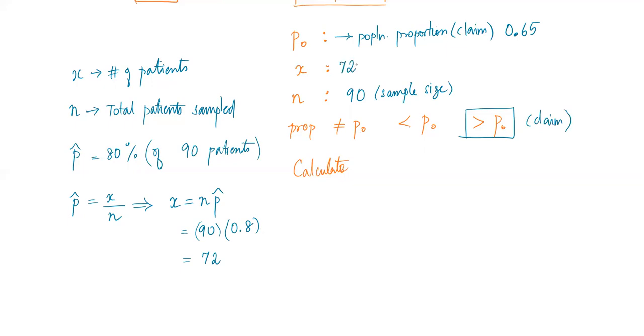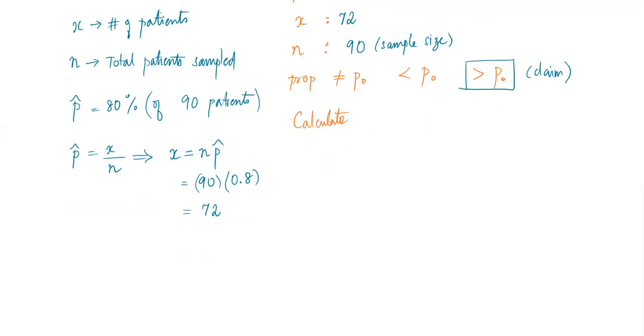Now go to your calculator and punch in 0.65, 72 for X, and 90 for N, because you can't enter the 80% directly in this setup. Choose greater than and hit calculate.